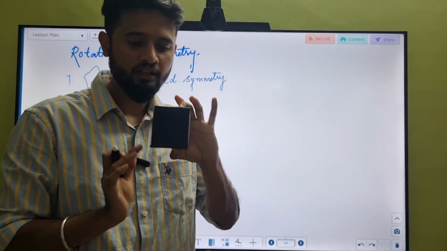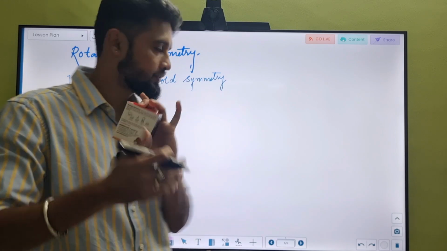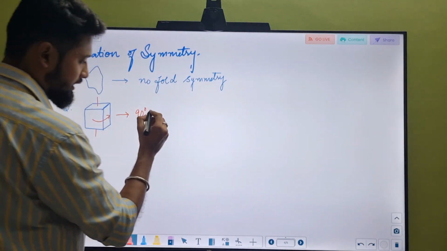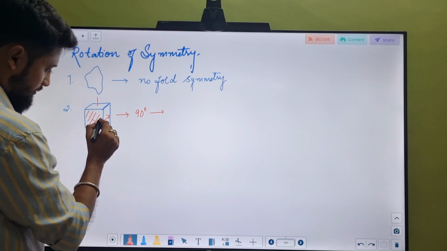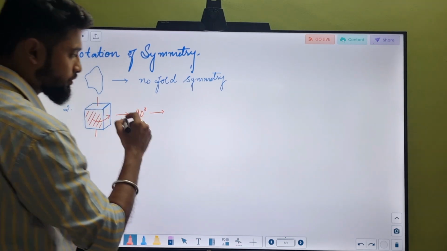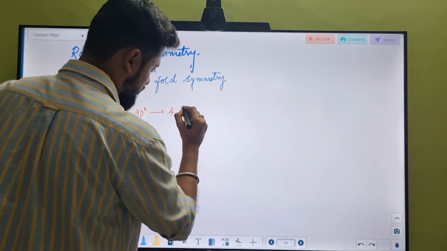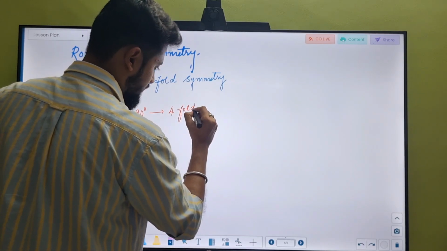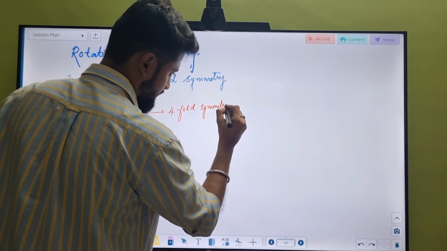See, this is the face, I am rotating it 90 degrees, I am getting a new face. This face comes back to its position when it is rotated 4 times, that is 4-fold symmetry.